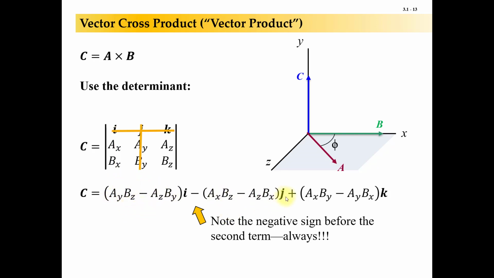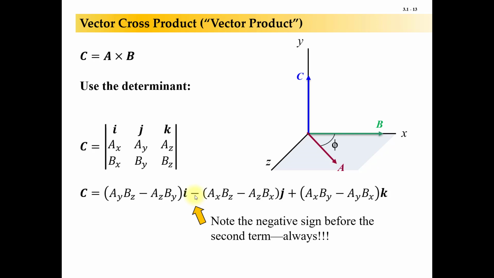You do the same thing with J. So now you draw a vertical line through J and a horizontal line through J. And so then J is going to be AX times BZ minus AZ times BX. Okay, so it's all acting exactly the same. The only big thing here is that the J term in your cross product calculations is always going to have a negative sign out in front. It doesn't always mean that the answer is going to be negative for that value.